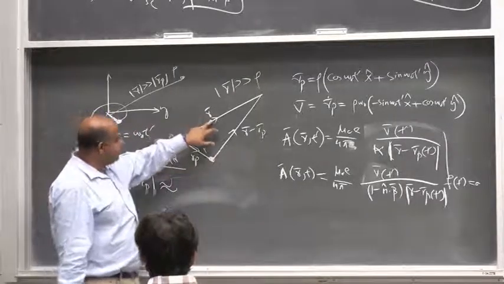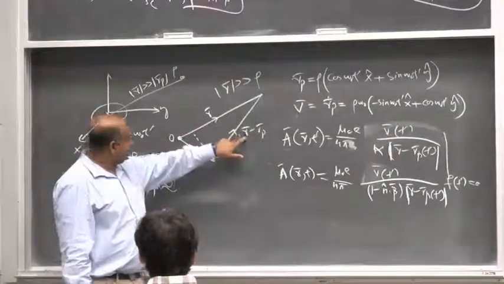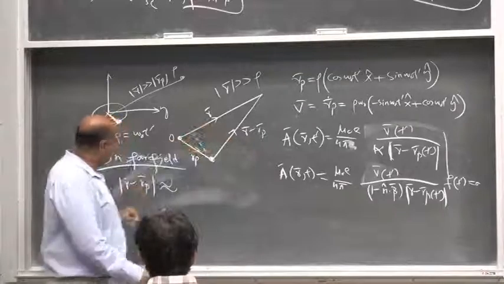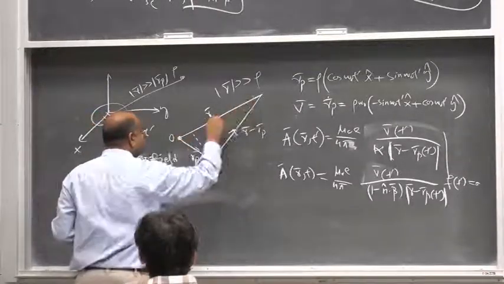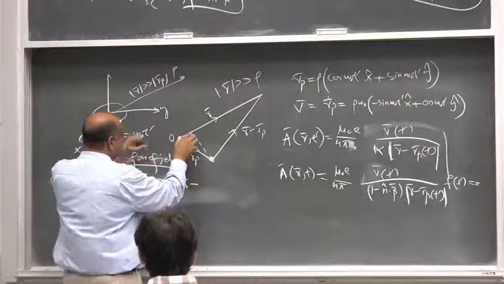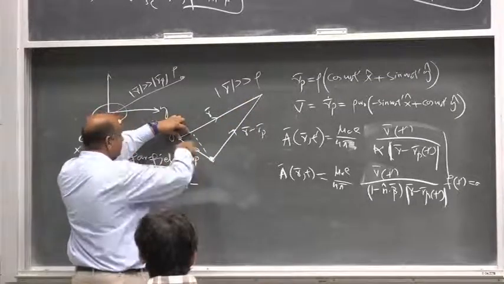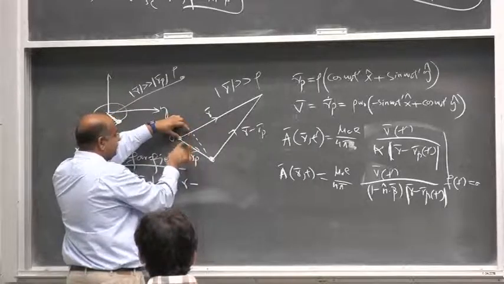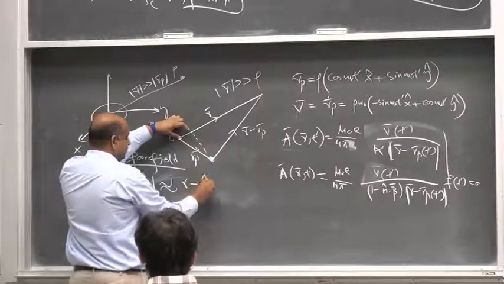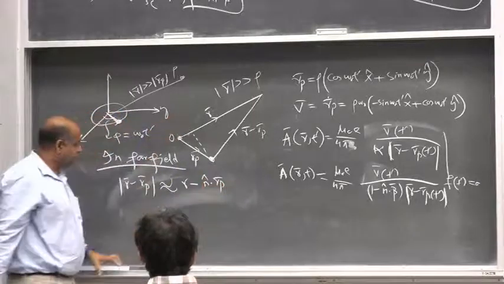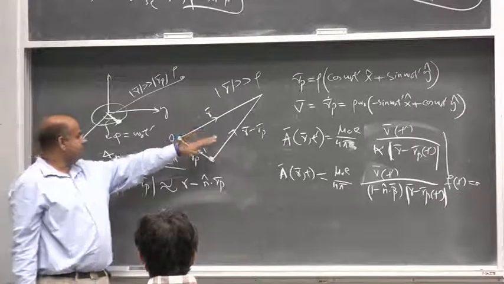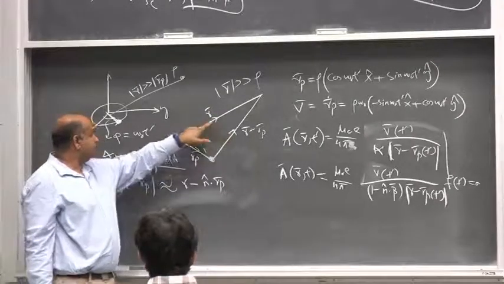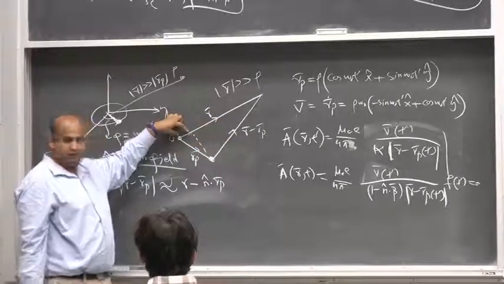If this R is very large, then this thing is approximately equal to R. R is from here to here minus this part. And what is this part? This part is the dot product of this unit vector with this thing. When R is large, this is this length minus this part.